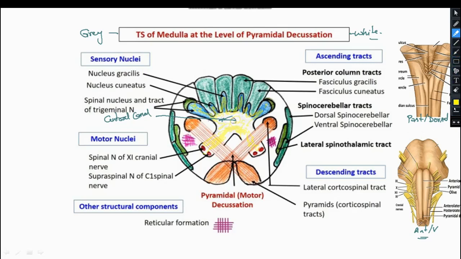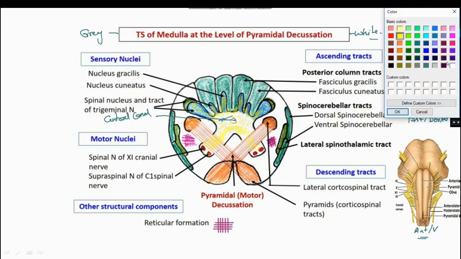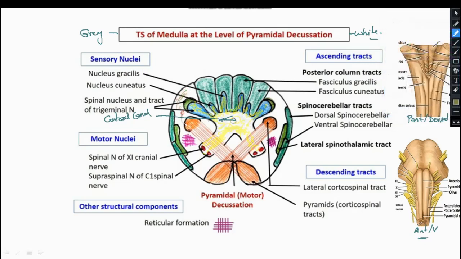So let me draw white matter in a different color. All this area is the white matter.